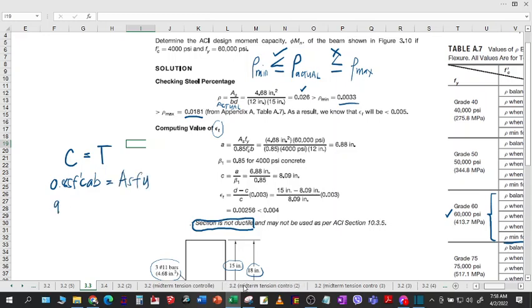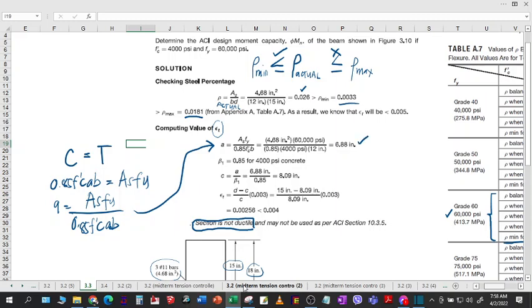So we can solve for a. a is As fy over 0.85 fc' b. Plugging in all the given values, we can compute the value of a to be equal to 6.88 inches.